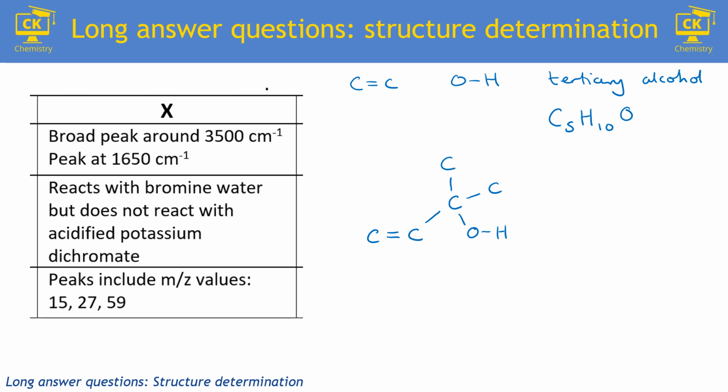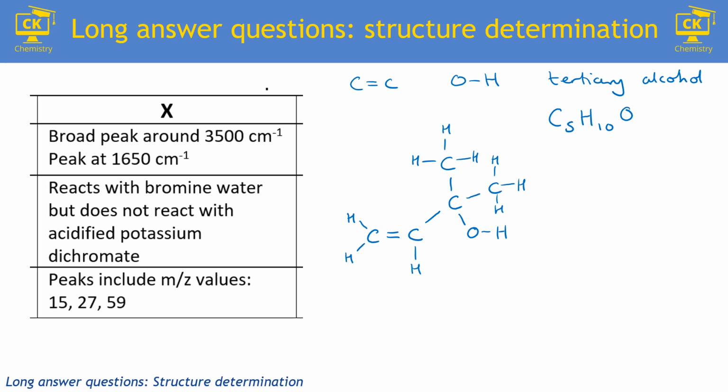If it's got a double bond, it will have the right number of hydrogens. So if I just count 1, 2, 3, 4, 5, 6, 7, 8, 9, and 1 for the alcohol is 10 hydrogens. So they should look after themselves, because I know that I've put a double bond in, so I know the formula will be in the ratio 5 to 10.